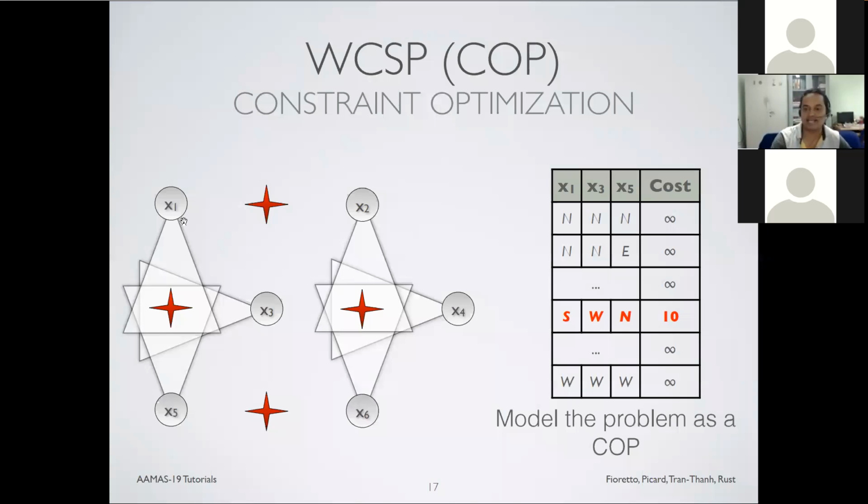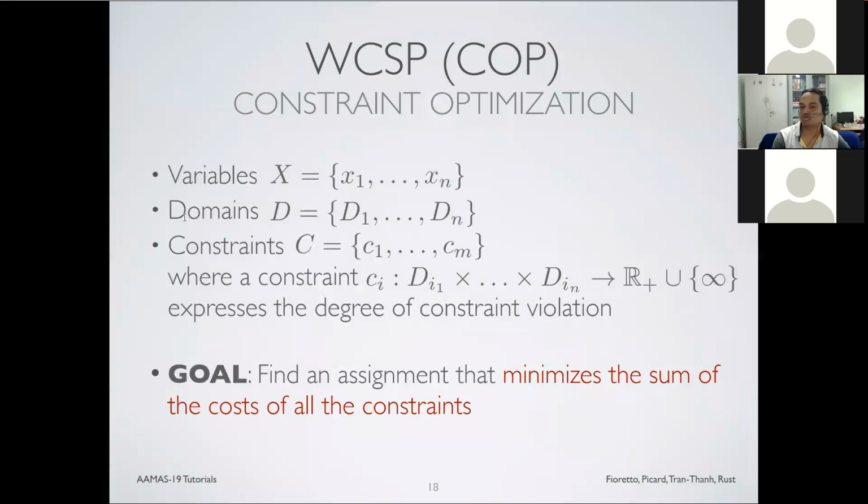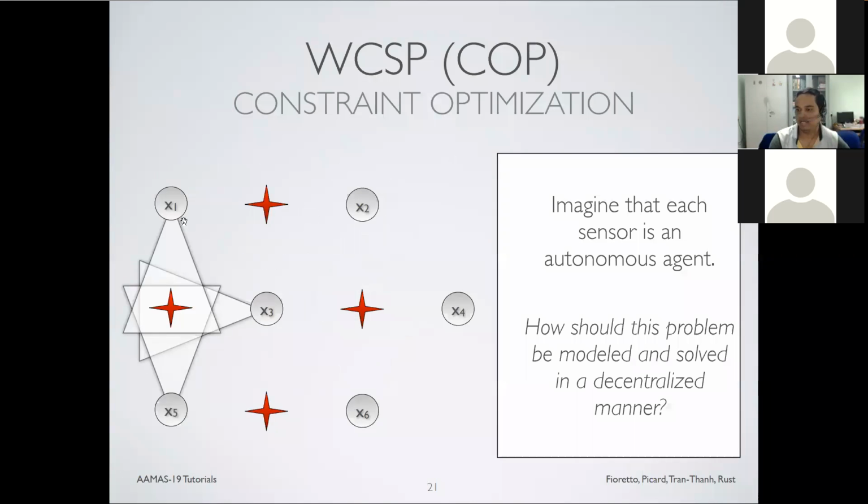The realistic one is the distributed notion. And when you talk about the distributed notion, there is the concept of agent. That is, each sensor is controlled by a separate system, an autonomous agent. It can choose what values to take, whether south, west, north, or east.